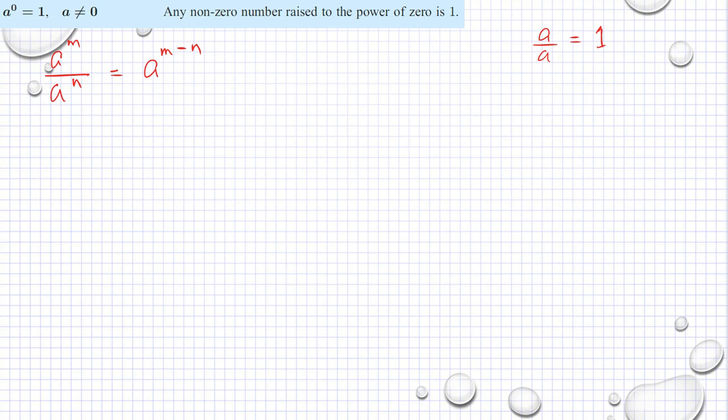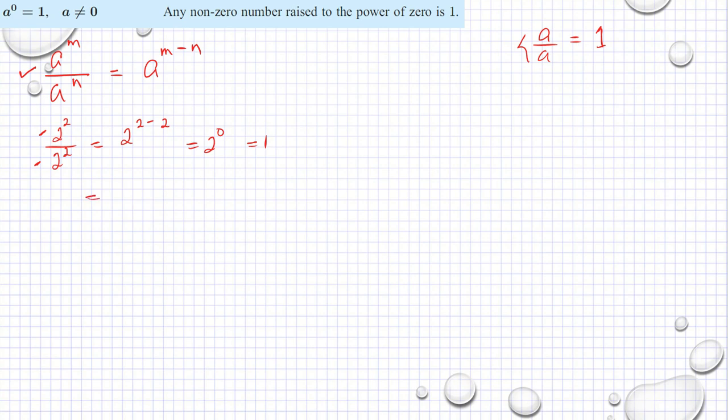Then if I have 2 raised to 2 divided by 2 raised to 2, we have 2 raised to 2 minus 2 according to this law. Then we have 2 raised to 0. And as I said, when the numerator and the denominator are the same, then we have also 1.